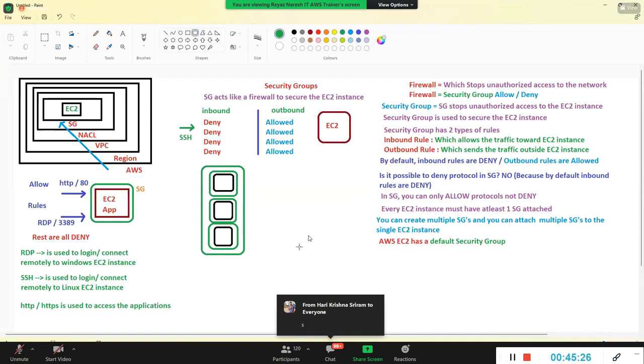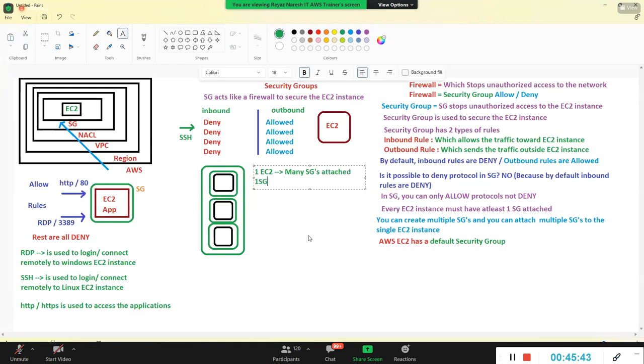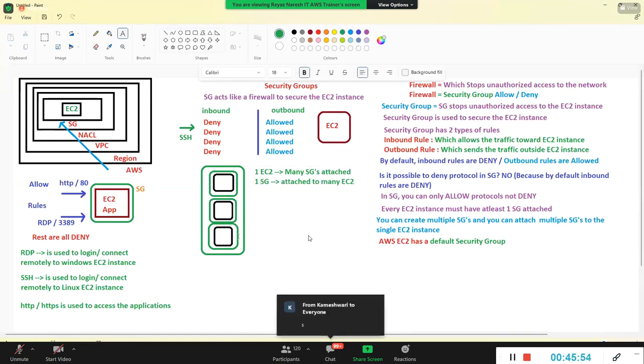It's all based on the architecture. For one EC2 instance, you can attach multiple security groups, no issues. One security group can be attached to many EC2 instances. Can we use one default security group for many EC2 instances? Yes.